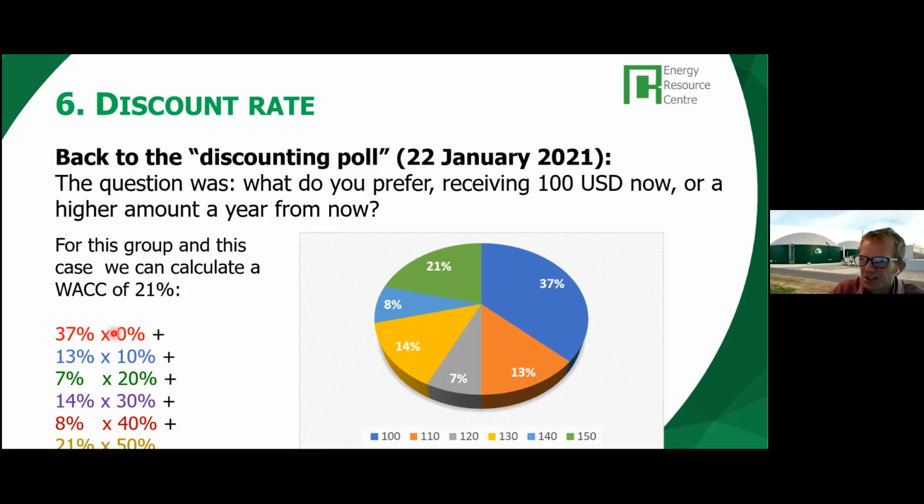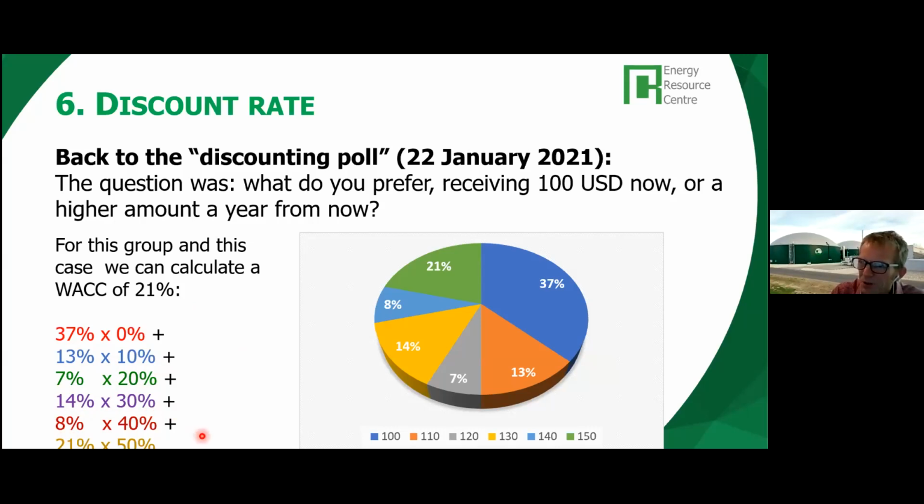So that's a 0% rate on this $100. There was a percentage that said, well, I would prefer to have the $110 in the future over the $100 today. That was about 13%. So that would say they would have a preferred rate of 10%. 7% of you had a preferred rate of 20%. 14% of you had a minimum of 30%.